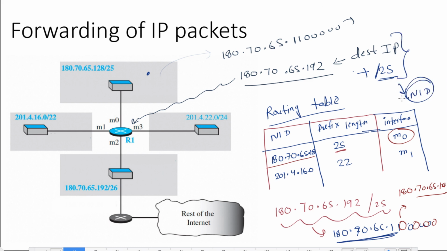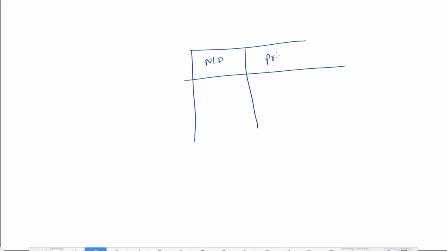Does this network ID match this network ID? If yes, then it will forward to M0. So again, see what we are doing. We have a few fields here: one is network ID, another is prefix length, and another is interface.